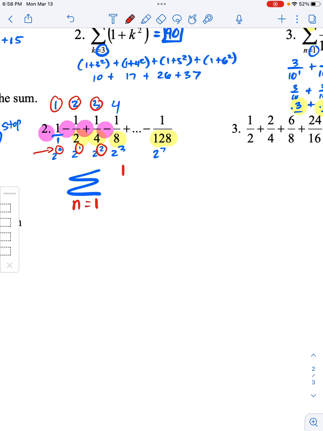We have a 1 on the top, but we'll deal with that in a second because we need the signs to alternate. And on the bottom, we have 2 to a power, but the power is 1 less than what we're plugging in. So the power is going to be n minus 1. And if this is a 7, which is 1 less than the term we're on, this must be term 8. So I'm going to stop at 8.